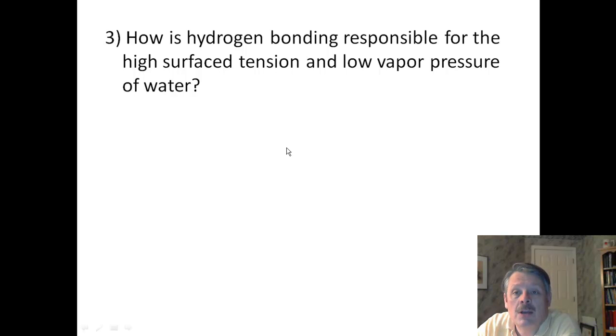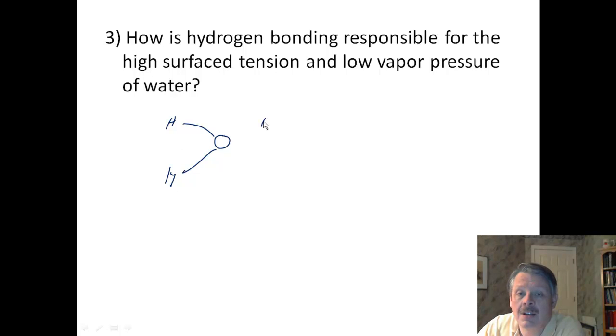So how is hydrogen bonding responsible for the high surface tension and low vapor pressure of water? Well, when you think about the surface of water, there's no way to draw this on a two-dimensional screen, but okay, you've got oxygen to hydrogen over here, and you've got another hydrogen.